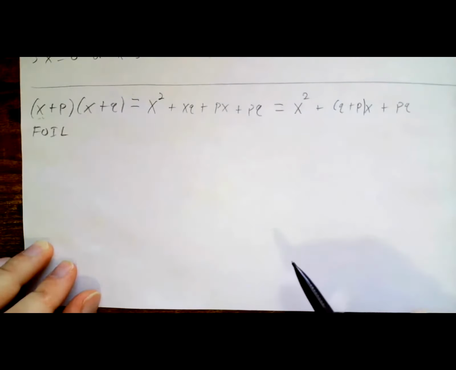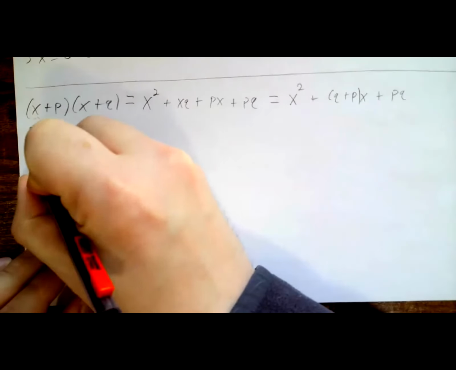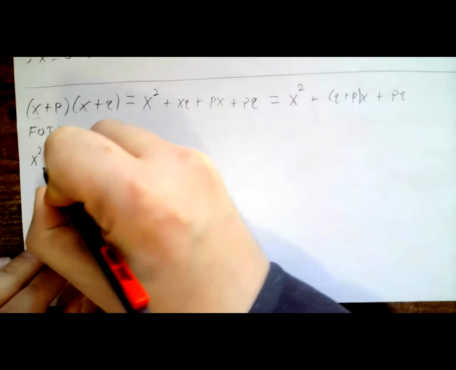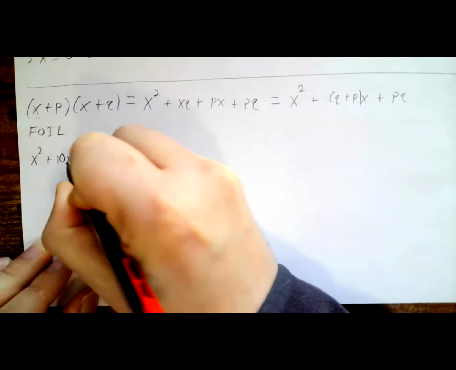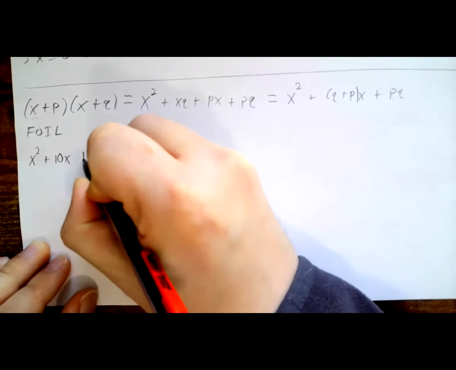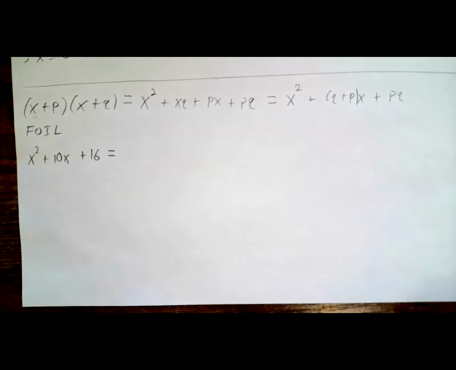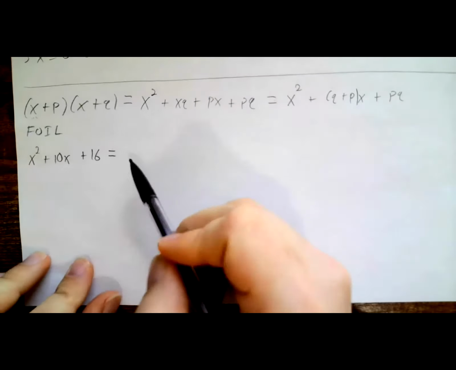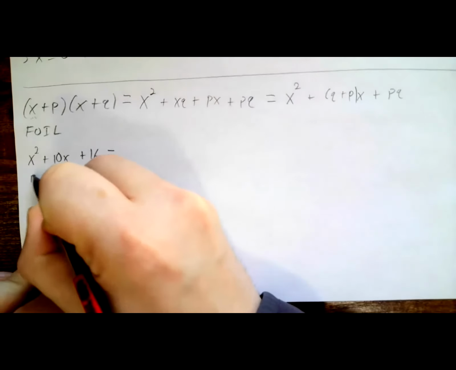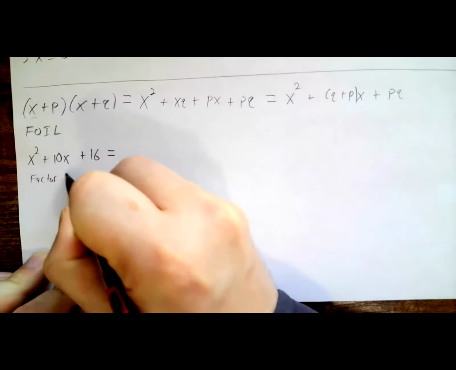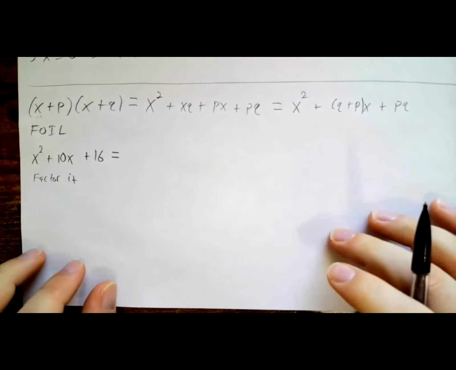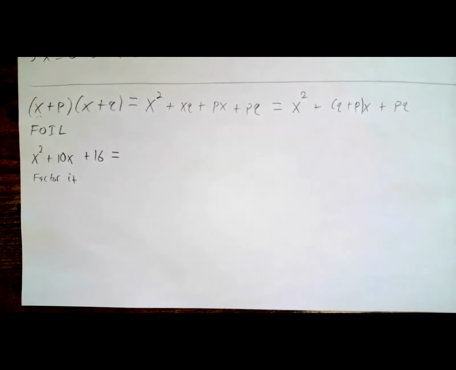That is to say, given some example, like let's look at x squared plus 10x plus 16. And the question that we're going to ask is, can you split this up into two factors? So can we factor it? What does it mean to factor something?